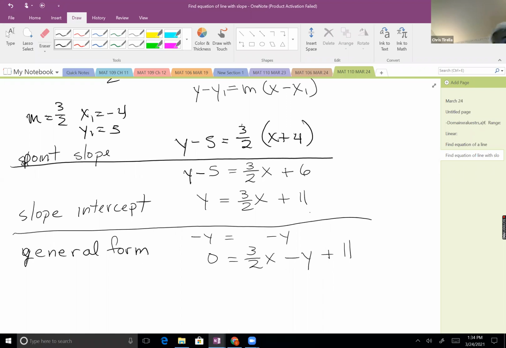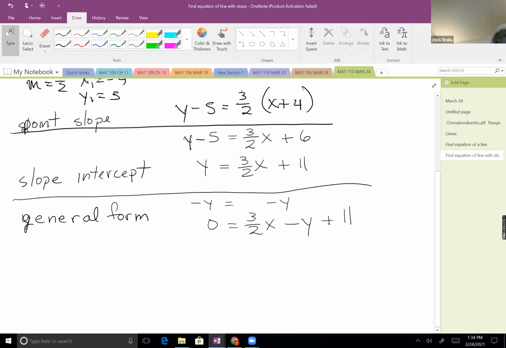Then for general form, I want to make one side 0, so I'll subtract Y from both sides. And that gives me 0 equals 3/2 X minus Y plus 11. And I think that's acceptable. But usually you want to make it look a little bit prettier than that. Normally for that general form, you want to clear the fractions.